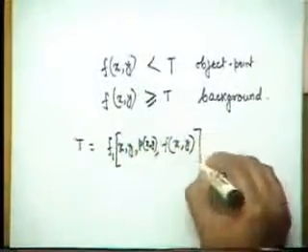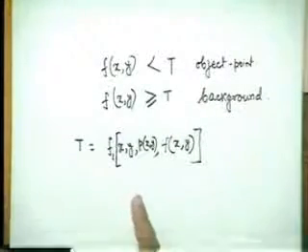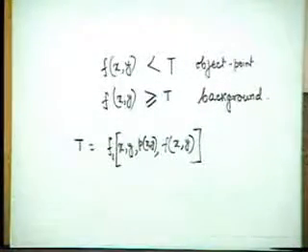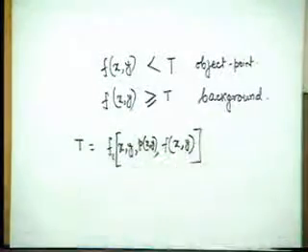So, basically, in general, a threshold t is a function of several parameters: the x position, the y position, the p of xy, which is nothing but a local property surrounding the point xy, and also definitely the intensity at the point xy.